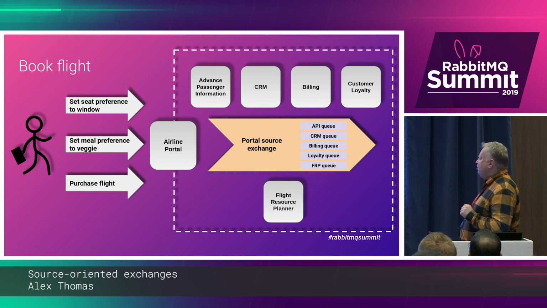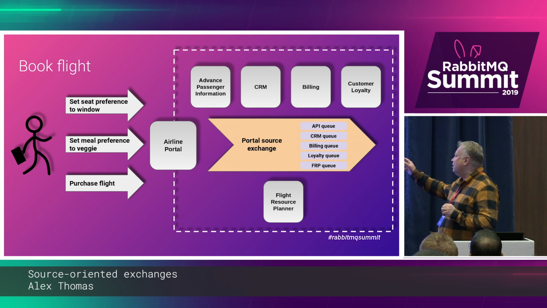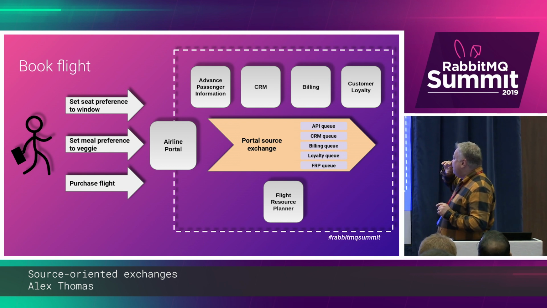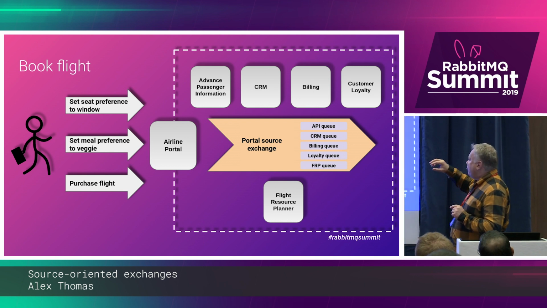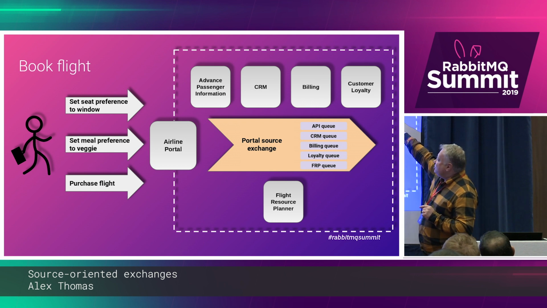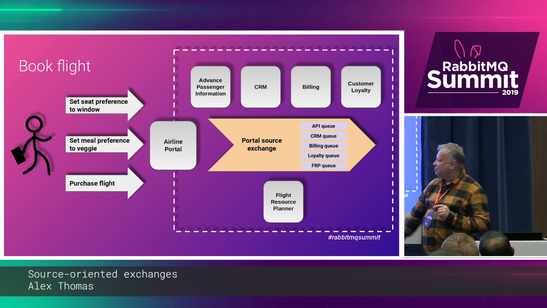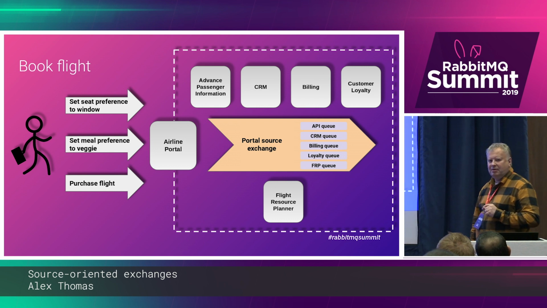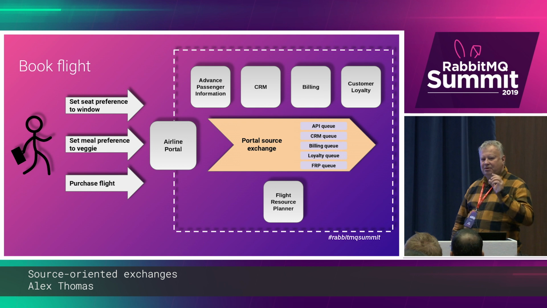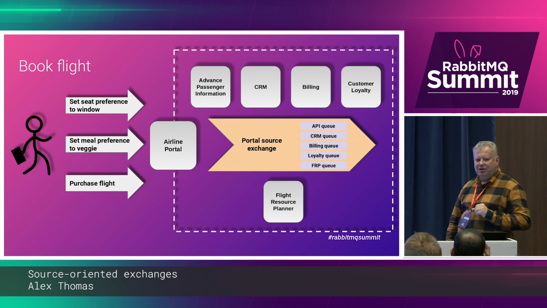So what's the secret here? What's the Rabbit ingredient that allows, say, the CRM system to tune into both the preference messages and the flight purchase messages? Let's say those messages have particular distinguishing routing keys.